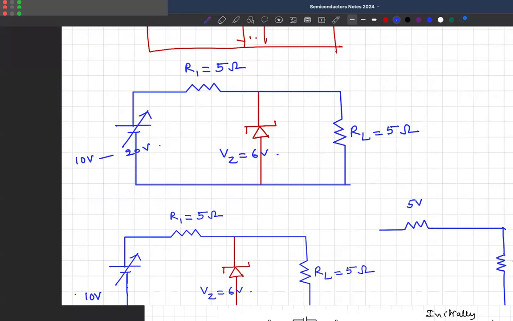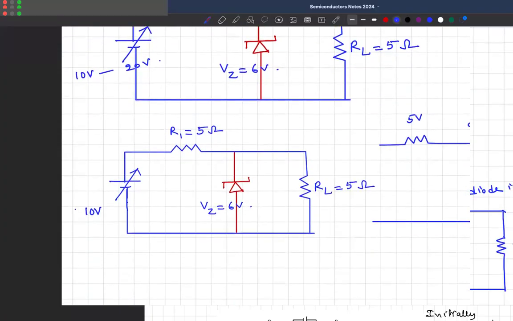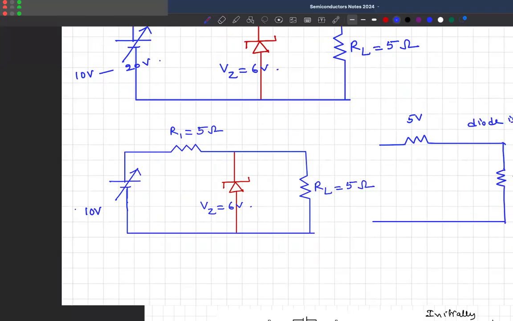So nothing happens, meaning the diode is purely in the off state. Why? When will it come into the picture? When the voltage across the load crosses 6 volts.